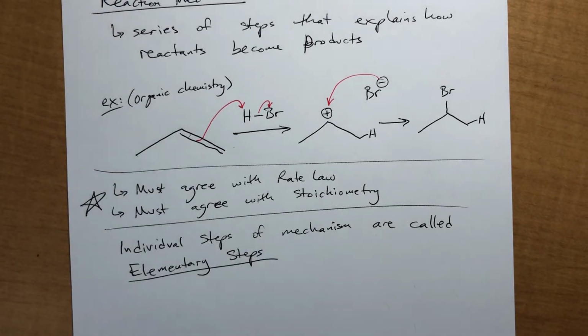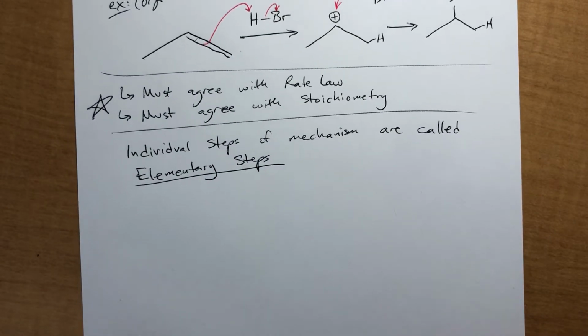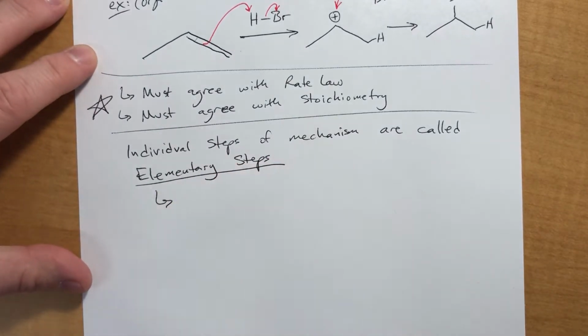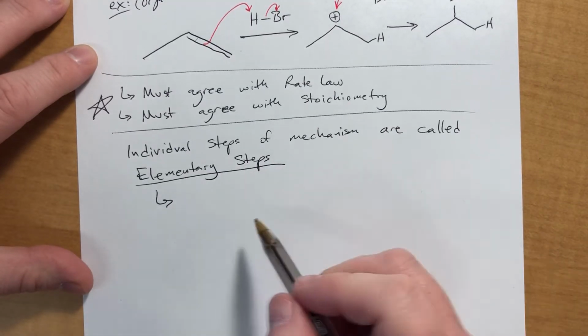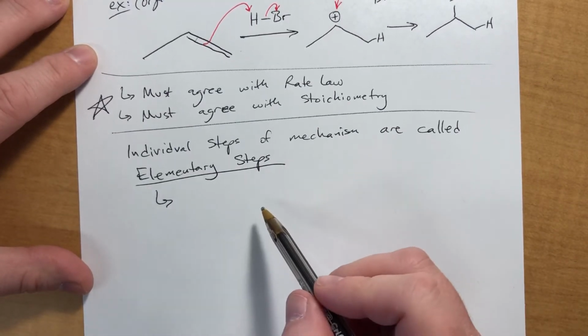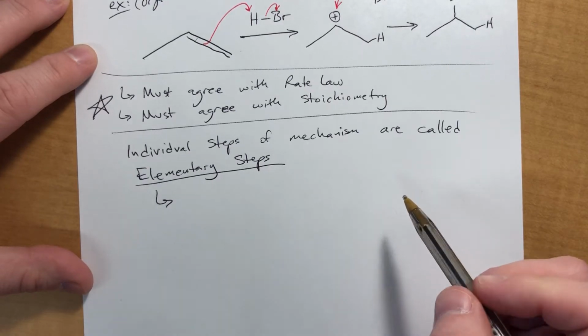And there are a few assumptions that we can make about the elementary steps that make this part pretty easy. For the elementary steps, we're assuming that if you have a balanced equation, the coefficients in the front are your exponents in your rate law.